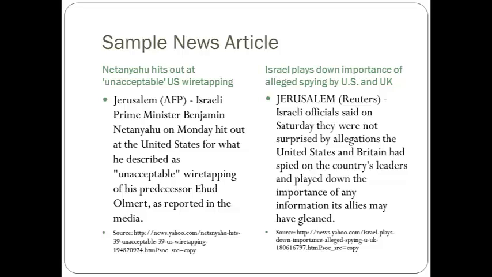I just gave the first paragraph of each, and I show you the source so you can check it out yourself. One title is Netanyahu Hits Out at Unacceptable U.S. Wiretapping. The next article was Israel Plays Down Importance of Alleged Spying by U.S. and U.K. One was by AFP and the other by Reuters.